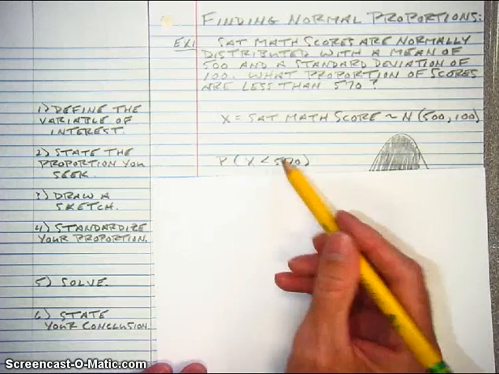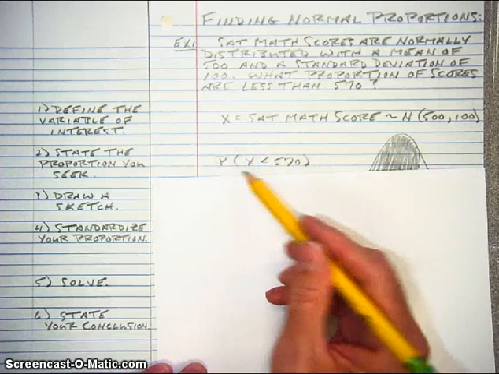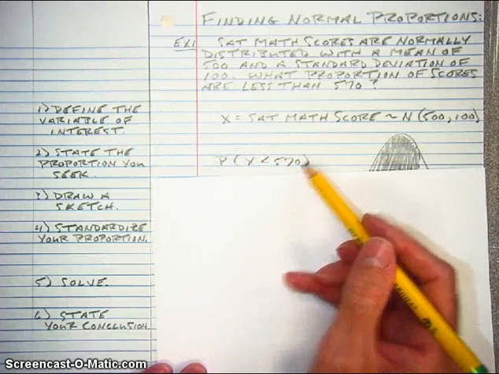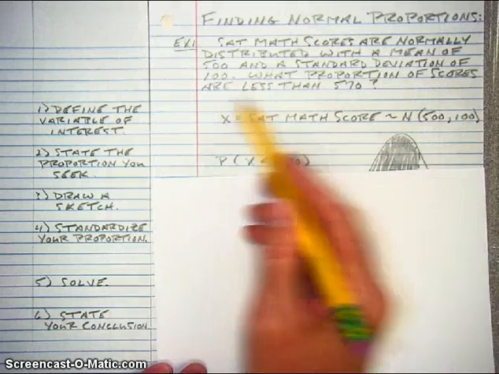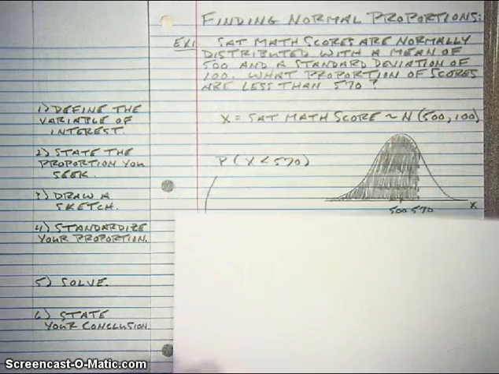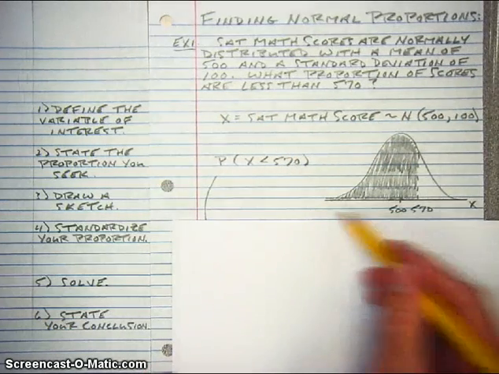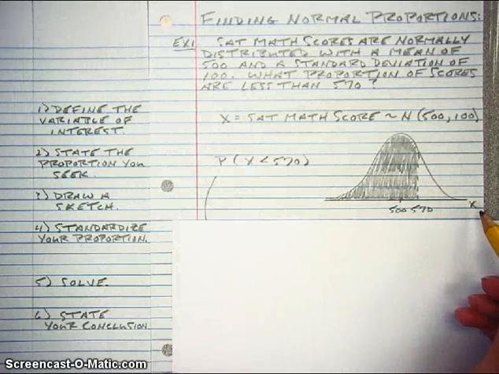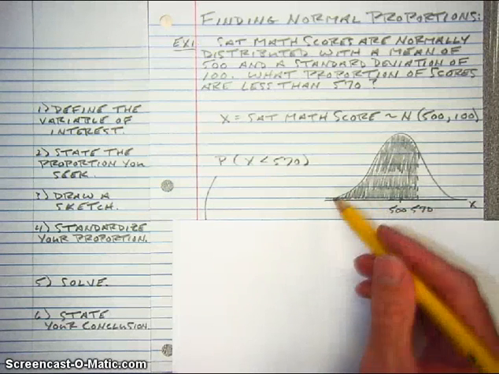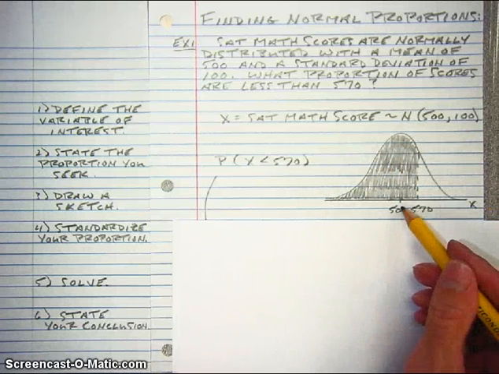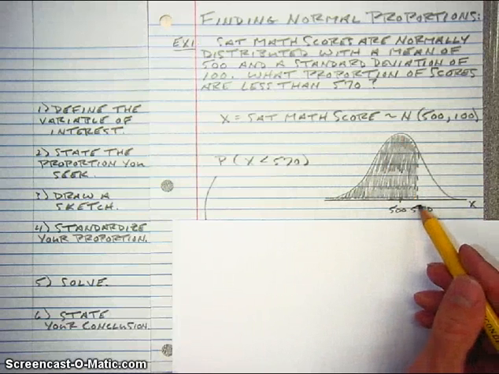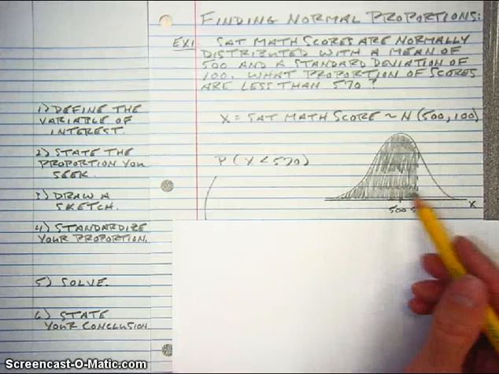In this situation, you can just write this. This is the mathematical translation of all of that. In a picture, it looks like this. Draw an axis, put a label on it. You can use x. Draw your normal curve in. Put your mean under the peak. Put your boundary value in, and then shade the appropriate part under the curve.